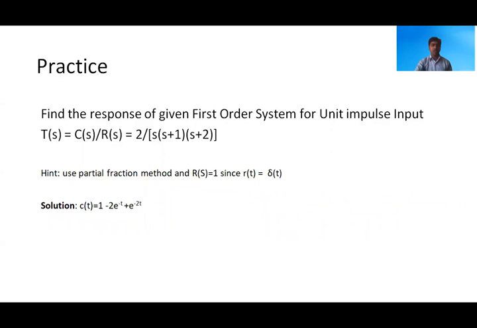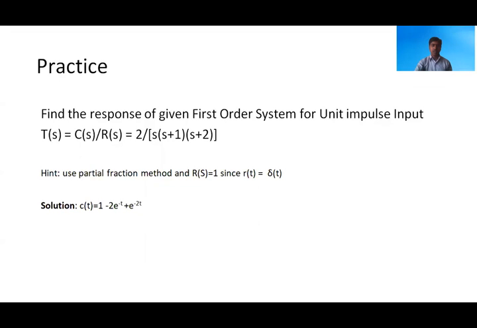So in a similar way, you practice this using partial fraction methods. Here you will get three terms A, B, C, then solve for A, B, C and take the inverse Laplace transform, so that you will get the response c(t) for the given input. Here the input is given as a unit impulse function.